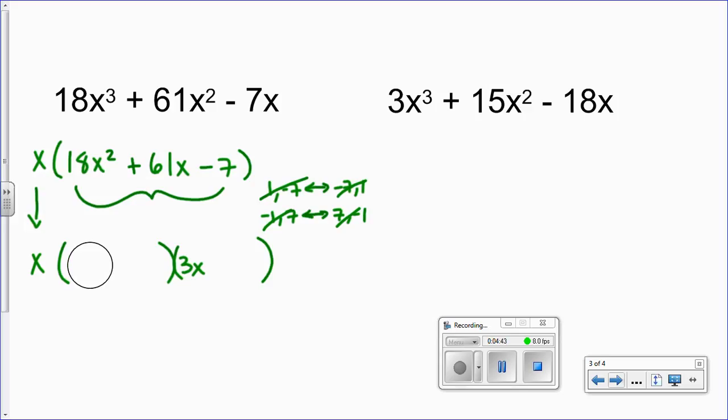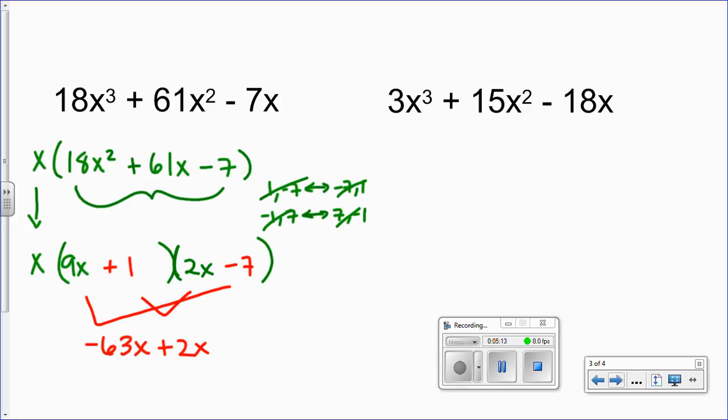your first two numbers. So instead of 6x and 3x, let's try 9x and 2x. So I'm going to go back through these options again. So plus 1 minus 7. So 9x times negative 7 is negative 63x. And 1 times 2x is 2x.